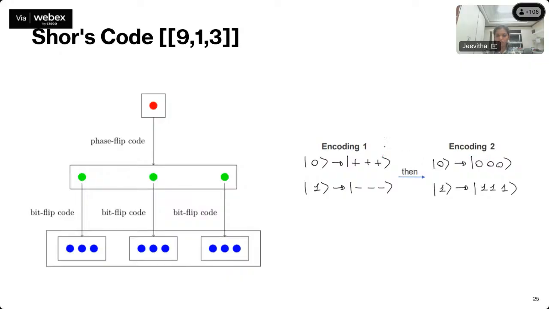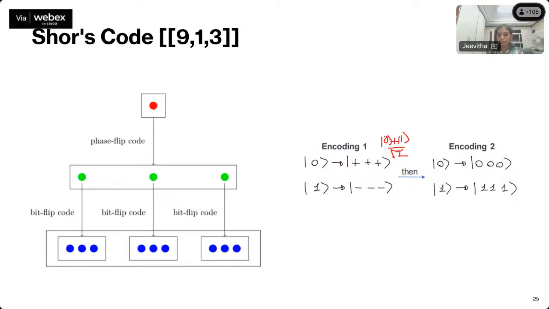So here plus is nothing but (0 plus 1) by root 2.